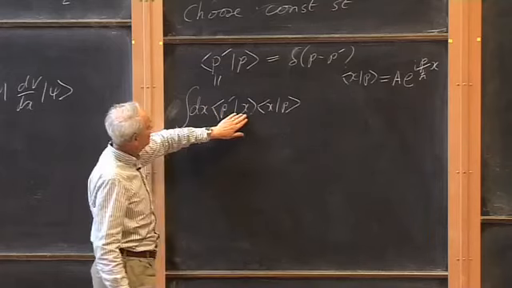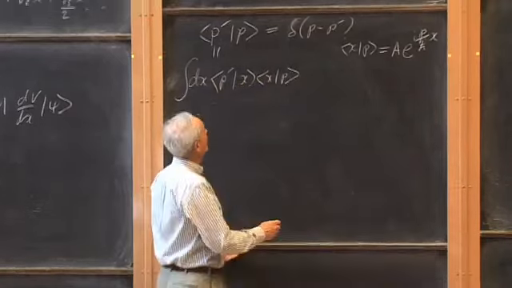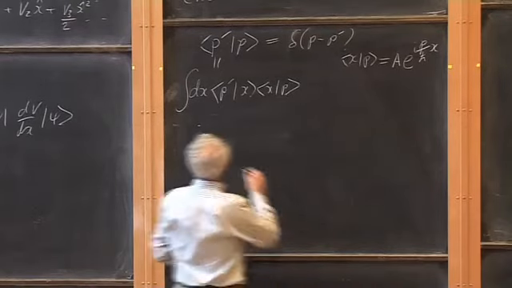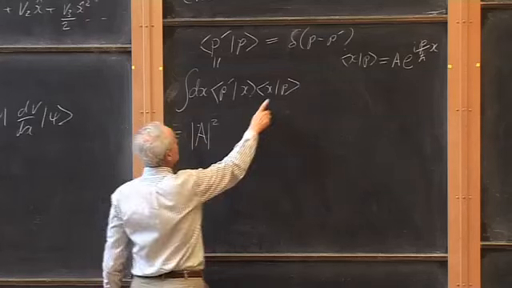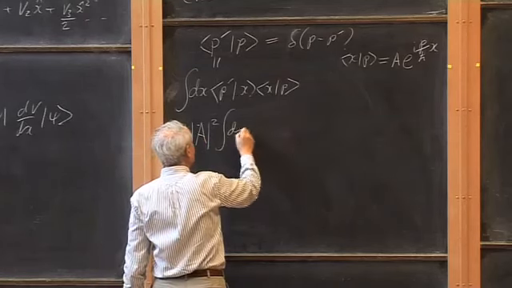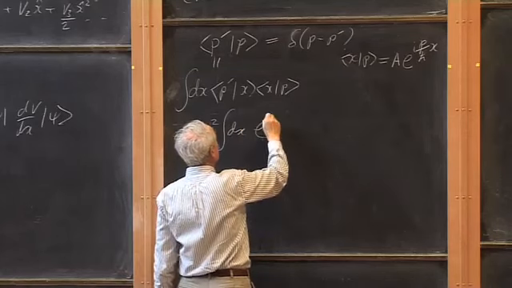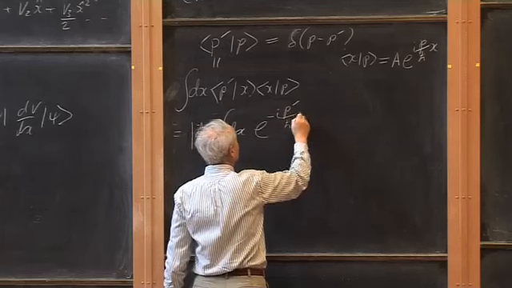The nice thing is that this is the complex conjugate of that, right? So what we have is that this is equal to |a|^2, because we get an a from here and an a* from here, the integral dx of e^{-ip'x/ħ}.